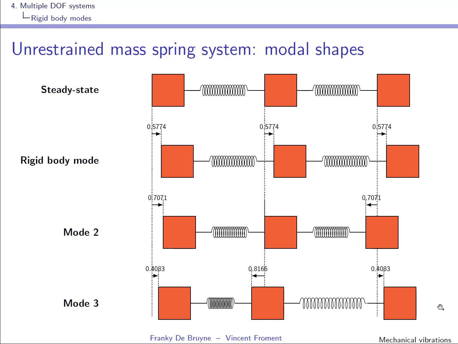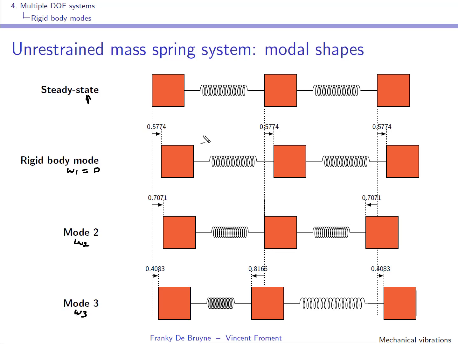So here you see things represented graphically. Here you have the steady state, and here you have the modes. The first mode is associated with the first natural frequency 0. This is associated with the second natural frequency, and this is associated with the third natural frequency.